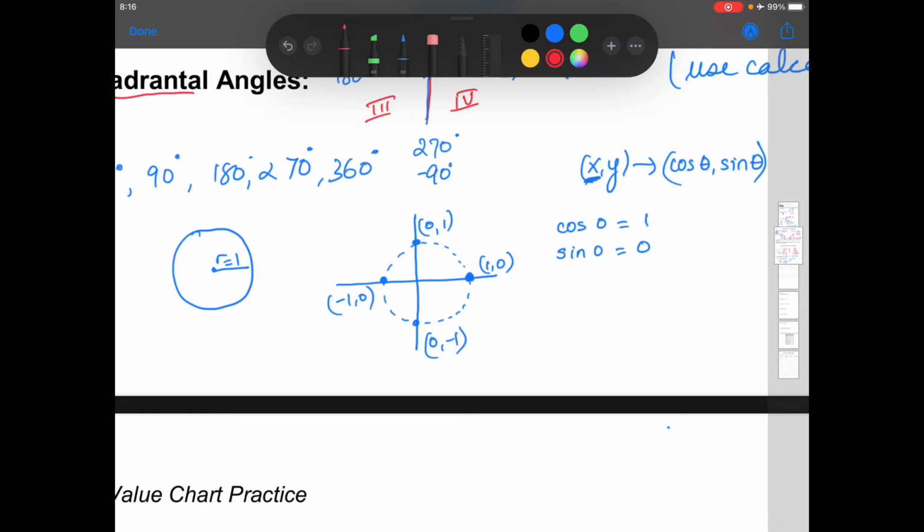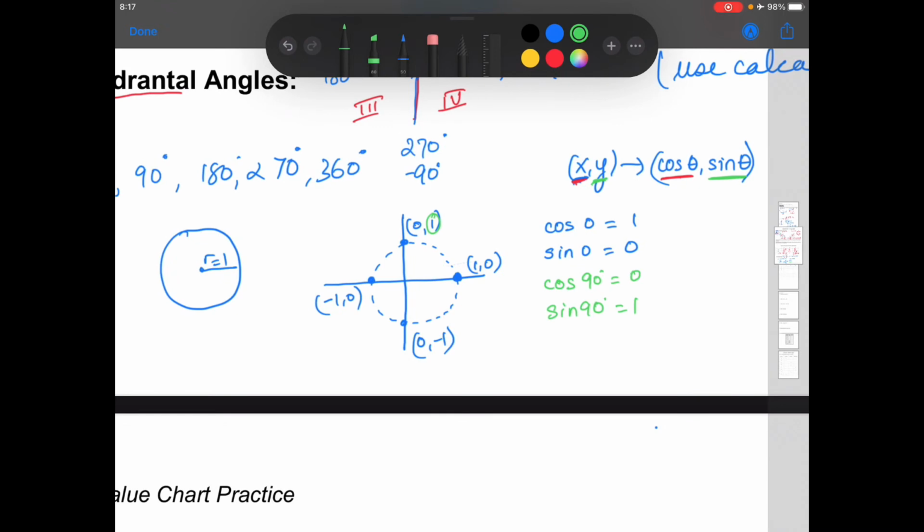Your x is your cosine and your y is your sine. So if I said, I'm just going to write out all of these. Cosine of 90 degrees is 0. Sine of 90 is, again, that's the y coordinate. It is 1. Every x coordinate is your cosine value. Every y coordinate is your sine value.